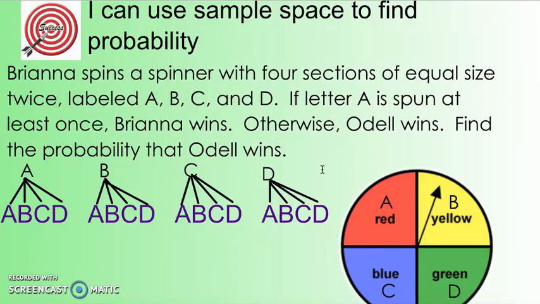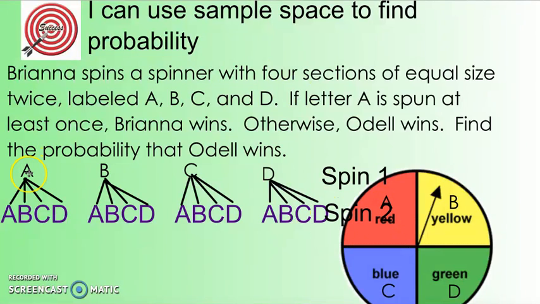Let's see. We'll just say spin 1. Whoops, I want to put it over here. Spin 1. Okay, that is, basically spin 1, you could spin A, B, C, or D, right? Spin 2, you could spin A, B, C, or D, but you also have it put together with spin 1.